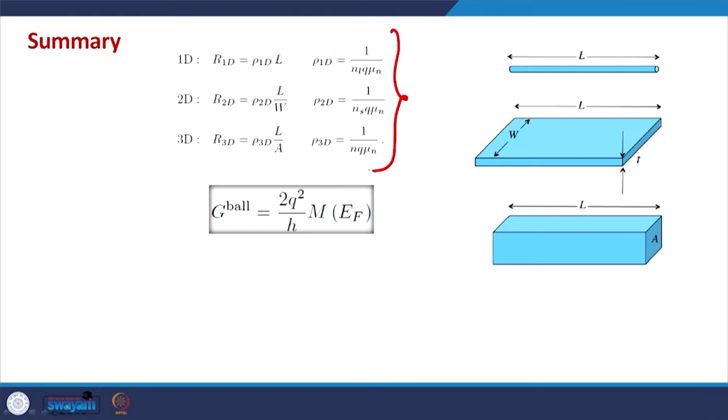These are conventional expressions for conductivity and resistance for 1D, 2D and 3D conductors. These essentially come from the conventional theory of transport, which has roots in Drude's model of transport.